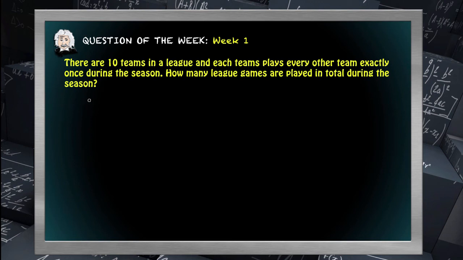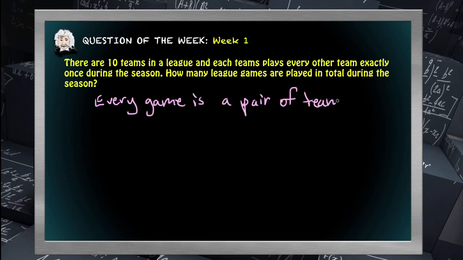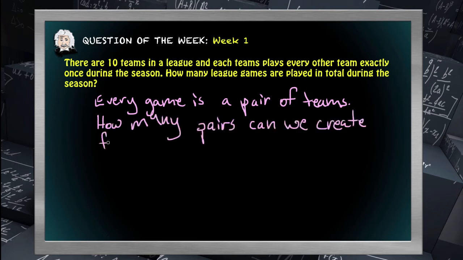A potentially even easier approach to solve this problem is to look at it the following way. Every game is a pairing of teams. So there are 2 teams in every game. If every team plays every other team exactly once, the question we're really asking when we ask how many league games there are is how many pairs can we create from 10 unique teams?